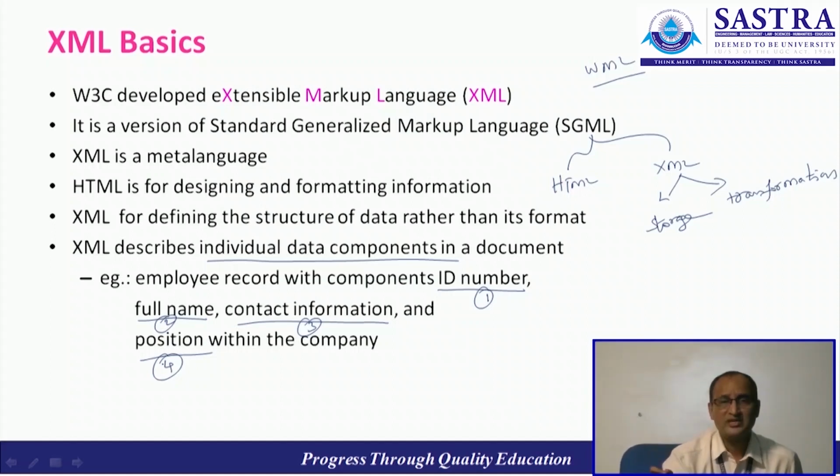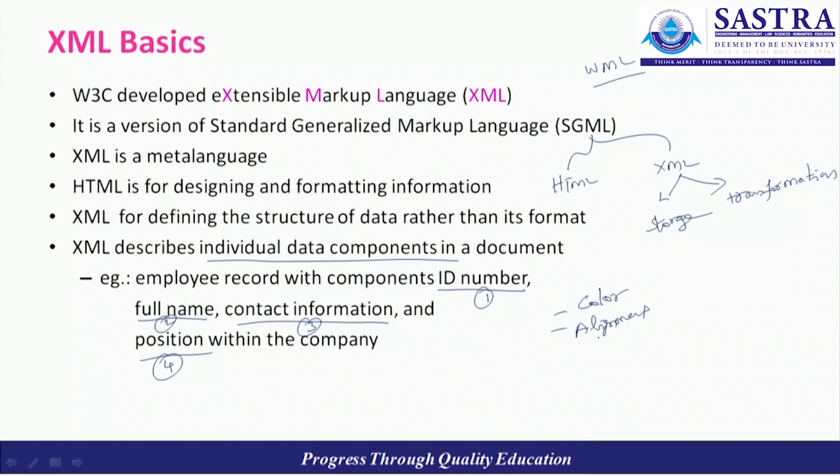Suppose by using HTML we want to display, in that sense we can use various color formats, various colors, various alignment. We are giving much importance to how the content should be displayed, how the user is going to view it. These are the aspects of the content we are looking at.